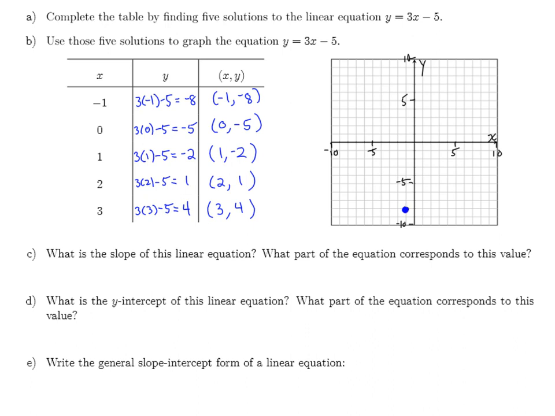Continue with my next point. I have 0, -5, so I'll go to where x is 0 and y is -5, and that'll be right on the y-axis. And then I have 1, -2, so I'll go to where x is 1 and y is -2. Then I have the point 2, 1, so I'll go to where x is 2 and y is 1. And then the last one I'm going to plot is the point 3, 4, so I'll go to where x is 3 and y is 4.